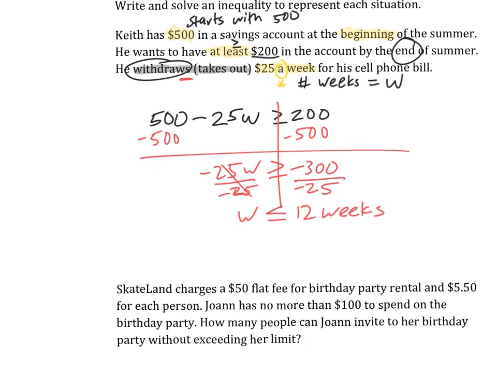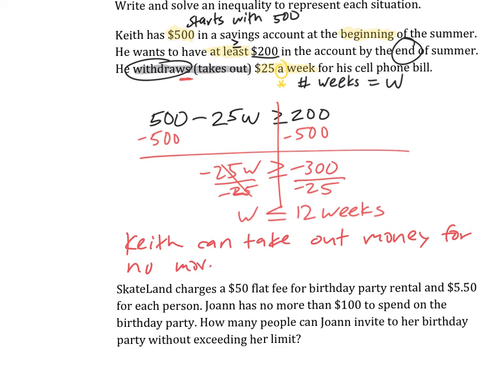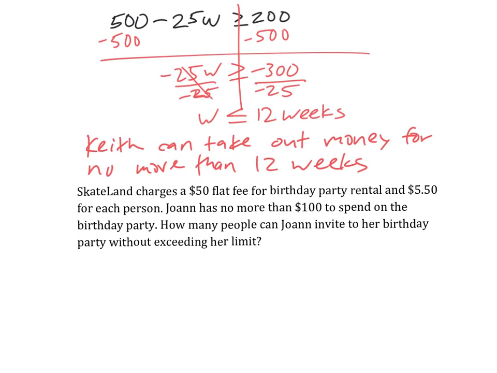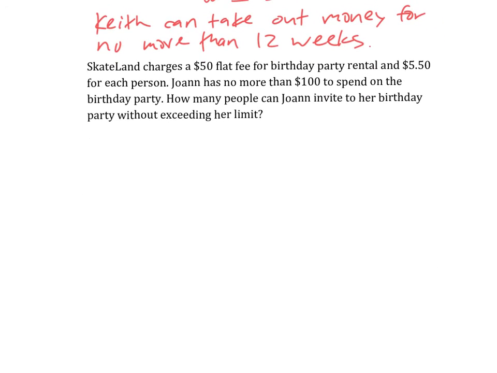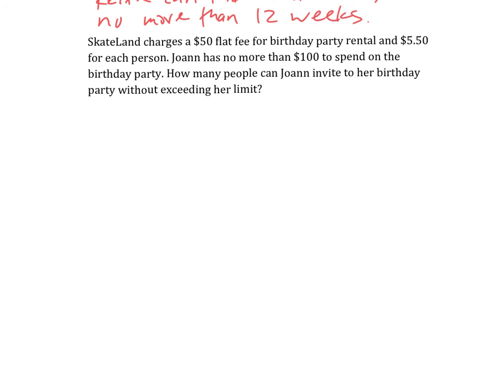So we can write a sentence: Keith can take out money for no more than 12 weeks, which is great because that's shorter than the length of summer. Period.